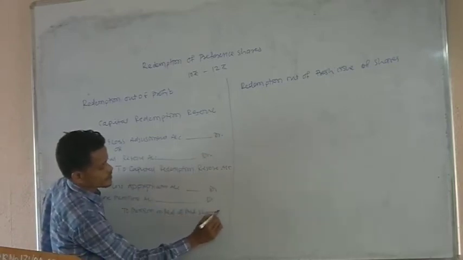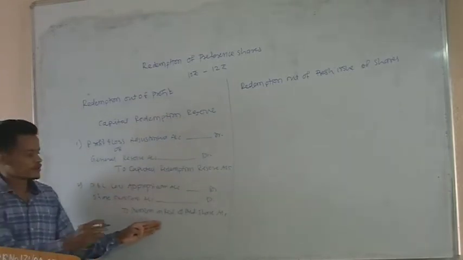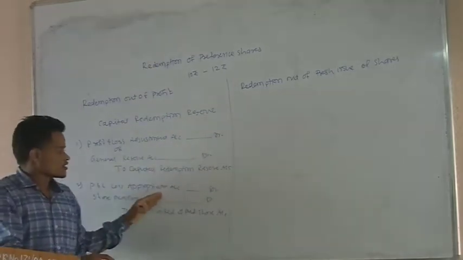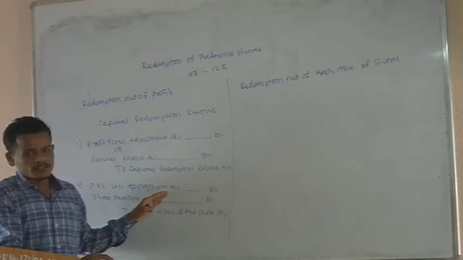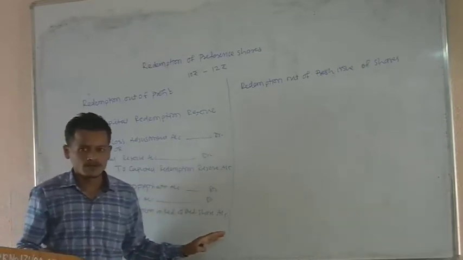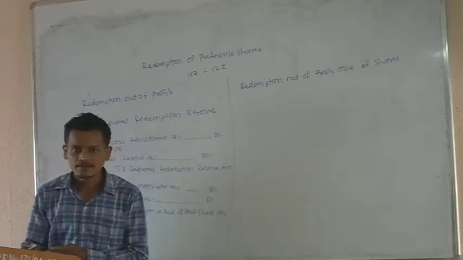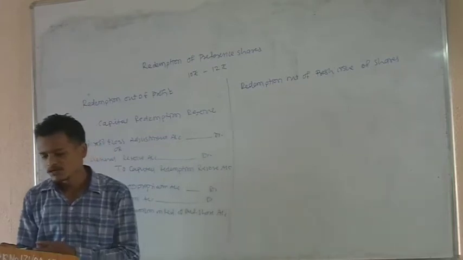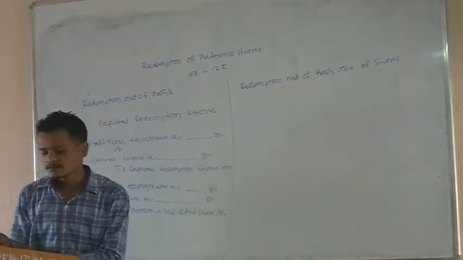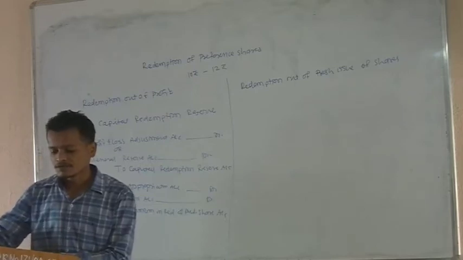Or the amount of profit and loss adjustment account is transferred to premium on redemption of preference shares account, and that amount is used to redeem the preference shares at premium. So these are the two entries made when there is a redemption of preference shares out of profit.